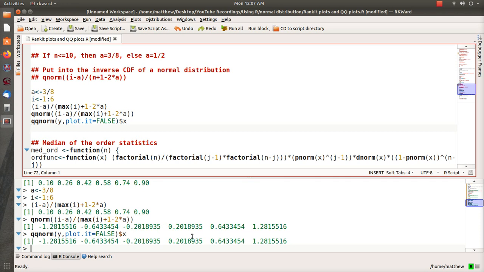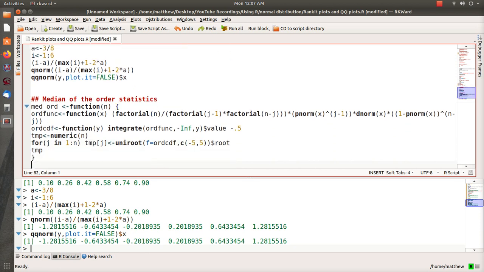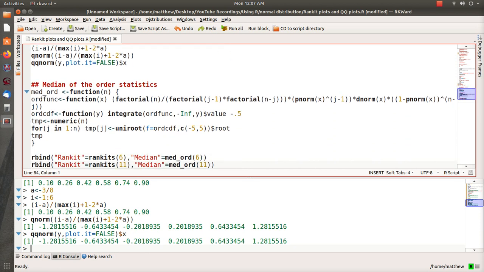But another approach is to use the median of that order statistic. And so I've created another function here which calculates the median of that order statistic. So it goes in and finds the median of the first order statistic, the median of the second order statistic, and etc. to the median of the nth order statistic.